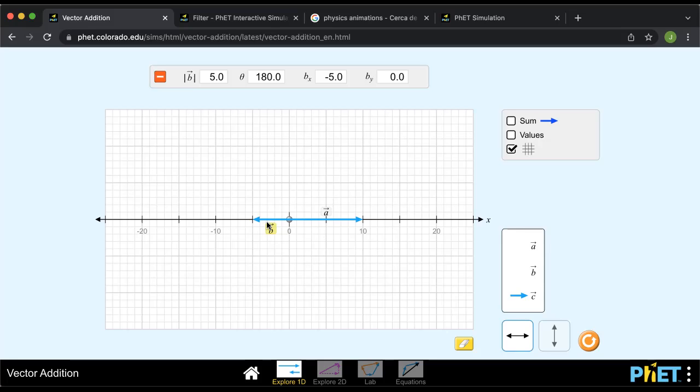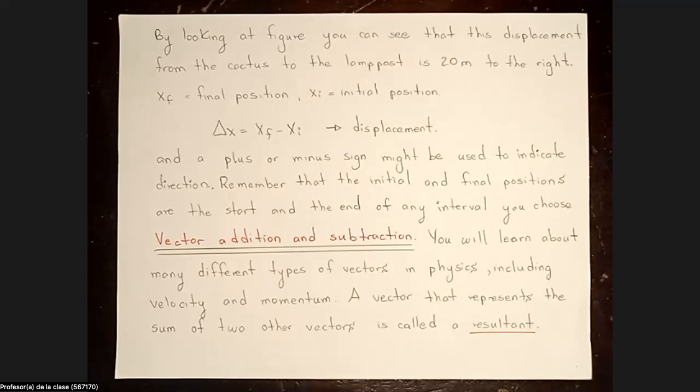You can do addition and subtraction of two or more vectors. And we're going to talk about this right now: subtraction and addition. So back to the paper.